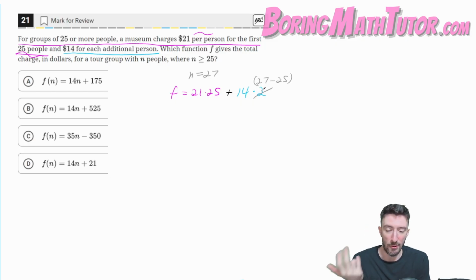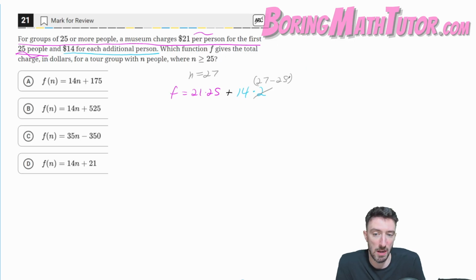And in fact, that's kind of how I got the 2, right? I said I got to subtract the first 25 people that I already paid for from the total number of people. But again, 27 was just the number I came up with. And it was just a random replacement for n. So really it should have been n minus 25.